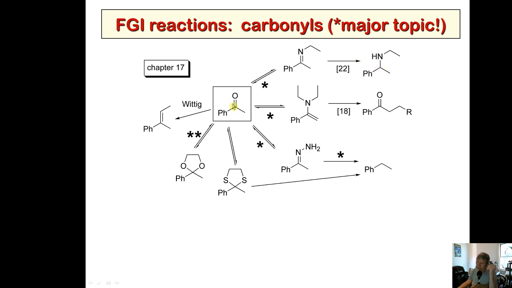You can also take a ketone and turn it into an enamine, and as we learned in chapter 18, enamines are nucleophilic, and you can attach stuff and use this as a way to take a ketone and attach something to it, right? So this shows the contrasting reactivities of an imine and an enamine.